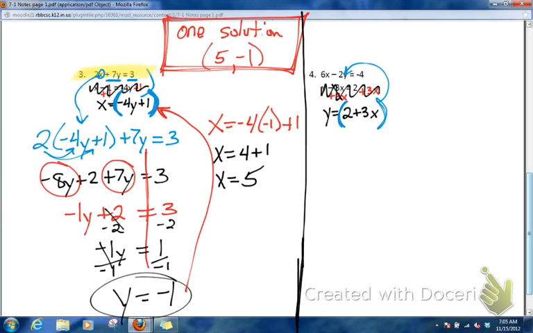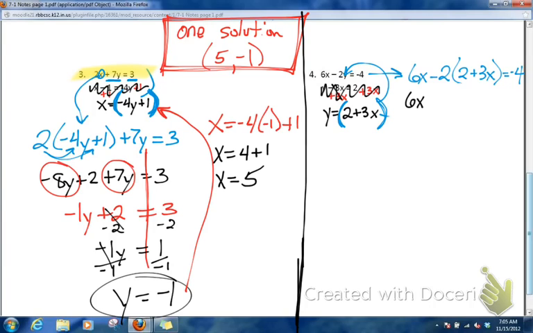So I'm going to rewrite that first equation, and it's now going to say 6x minus 2 times, but instead of y, I'm plugging this in there. So it's 2 times 2 plus 3x, and then that equals negative 4. So now I can go about solving.